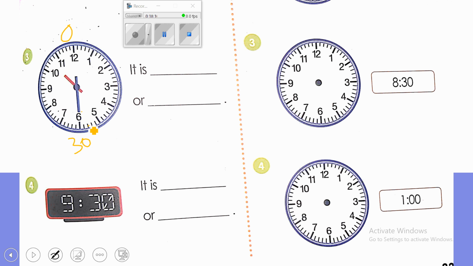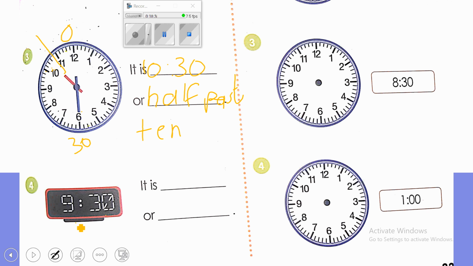The minute hand is on 30 and the hour hand is between 10 and 11, so it's still 10, 10, and how many minutes? 30. And what the hour in the word form? Half past 10.